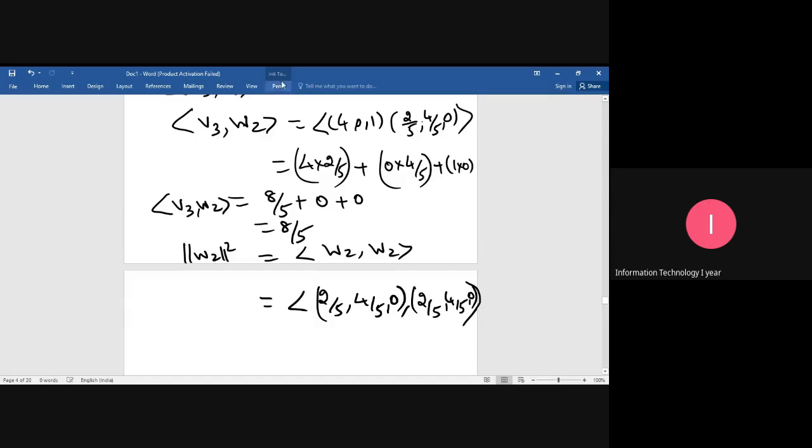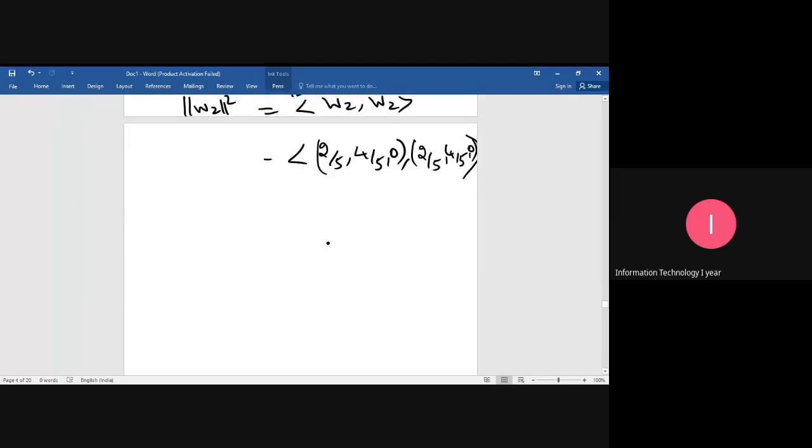Multiply 2 by 5 into 2 by 5, it is 4 by 25, right?